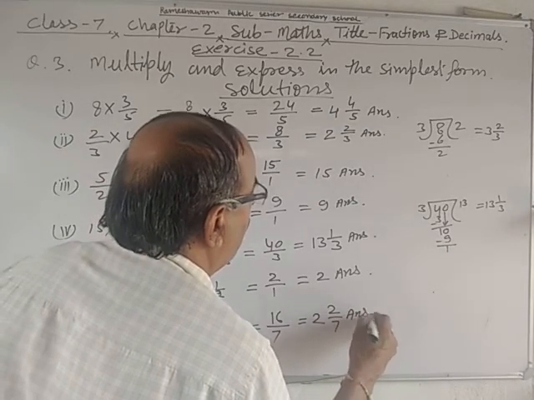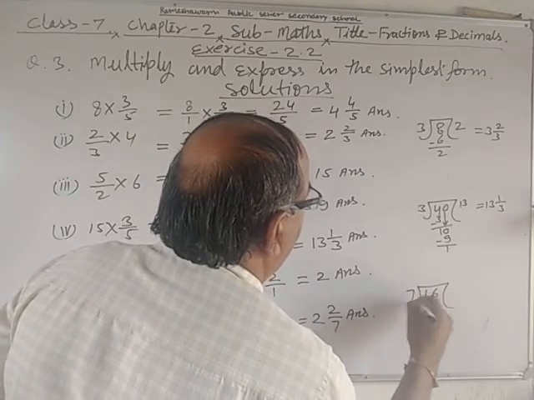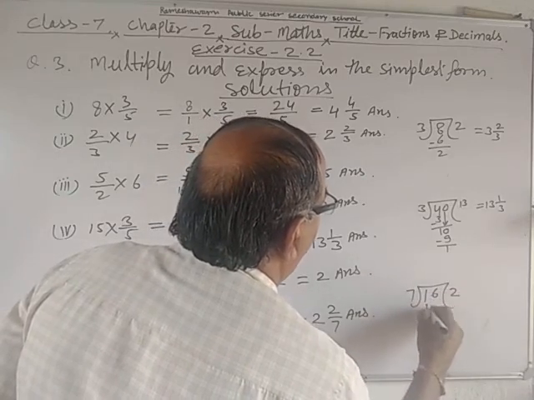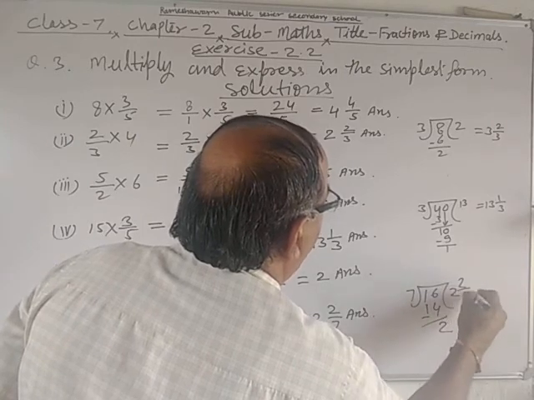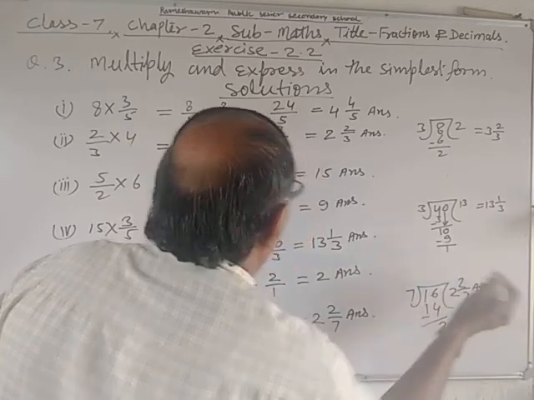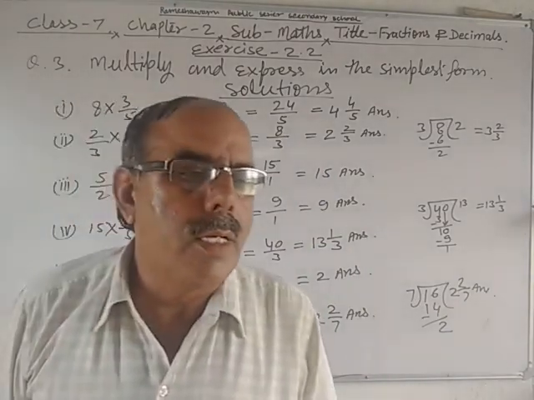Answer. 16 divided by 7, 7 twos are 14, minus 2, 2 upon 7. Answer. This is the question number 3.